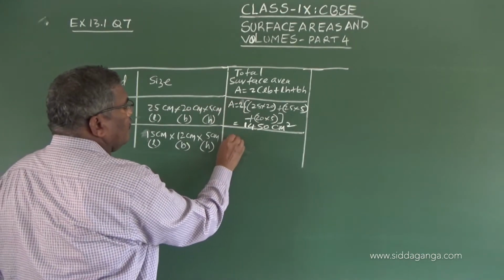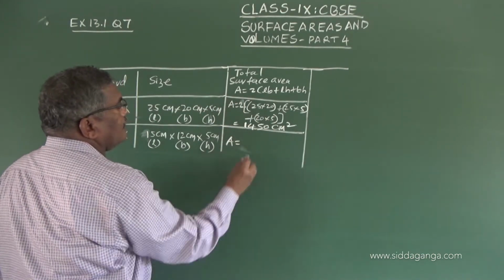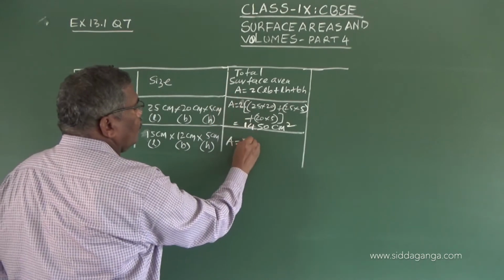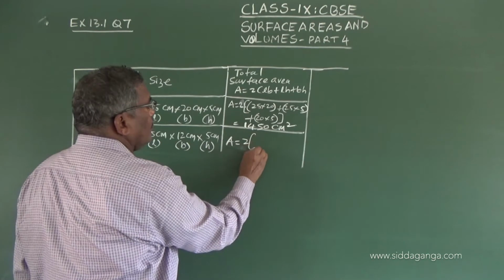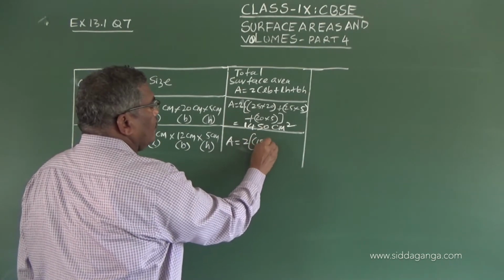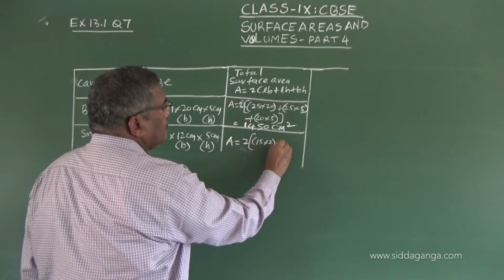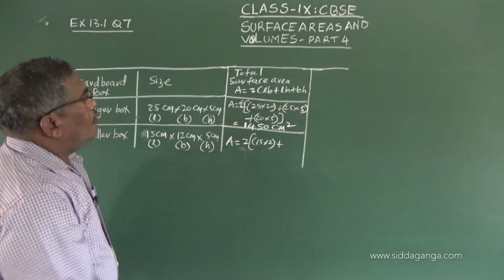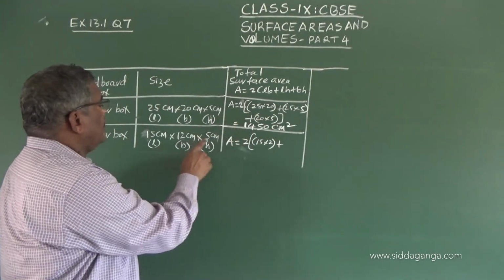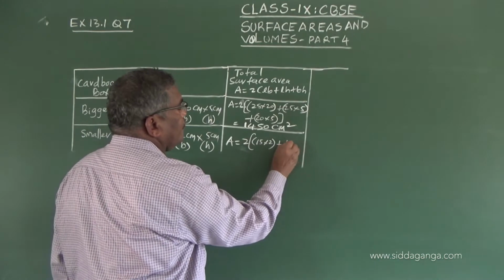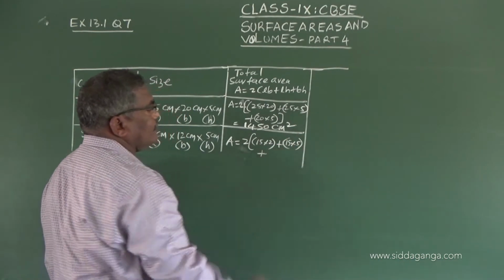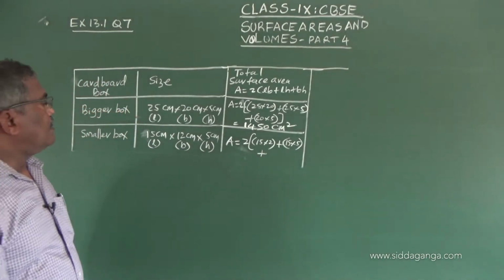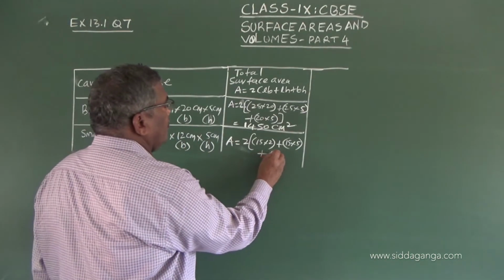Now the area of the smaller box, A equals, apply the same formula, 2 times LB, 15 into 12, plus LH, that is 15 into 5, plus BH, that is 12 into 5.